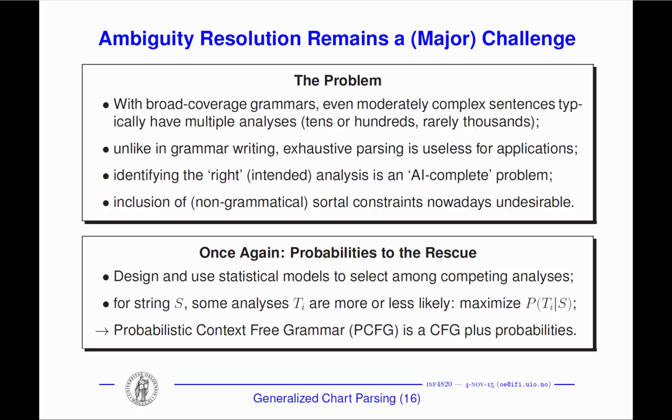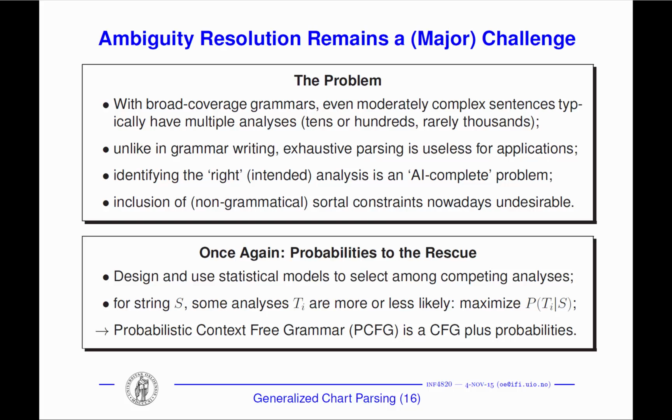And at the end of the day, you'll find that all of them are grammatically legitimate. Some are more plausible than others, but without knowledge about context and the world, grammatically they're all good.